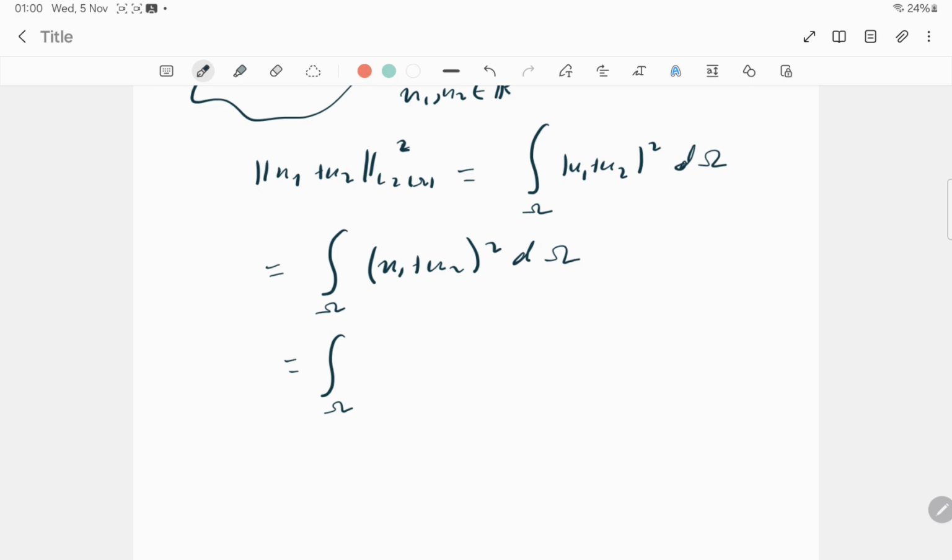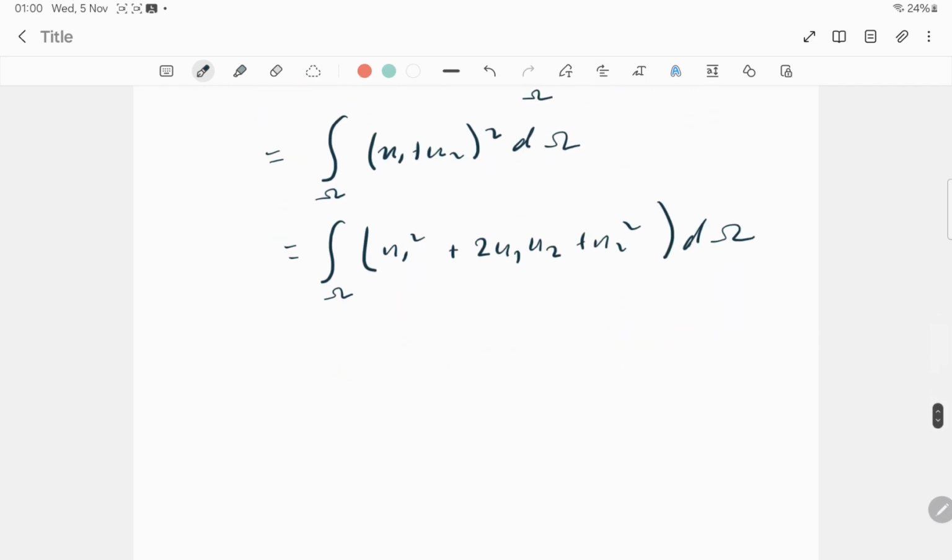So that one is U1 squared plus 2 U1 U2 plus U2 squared d omega.